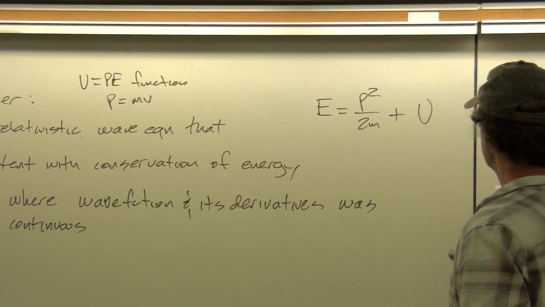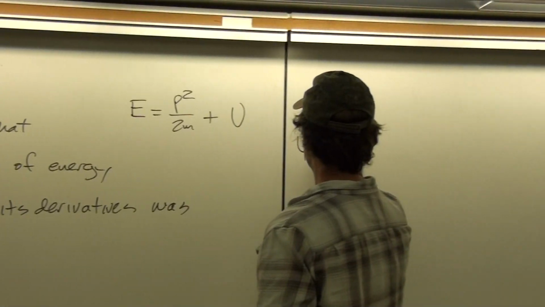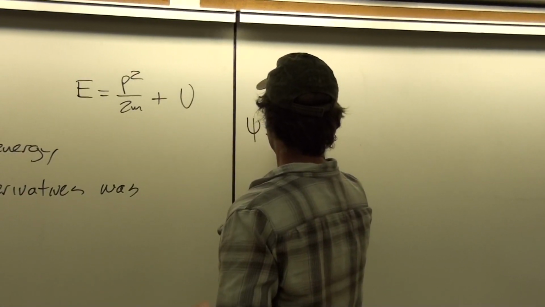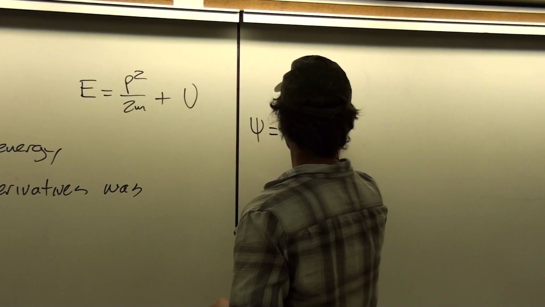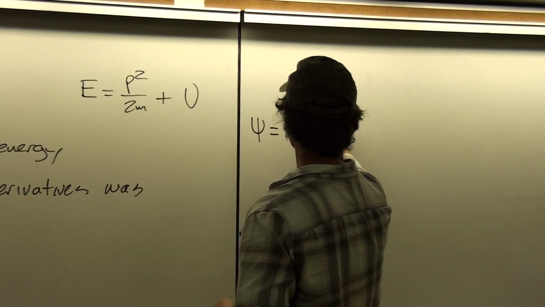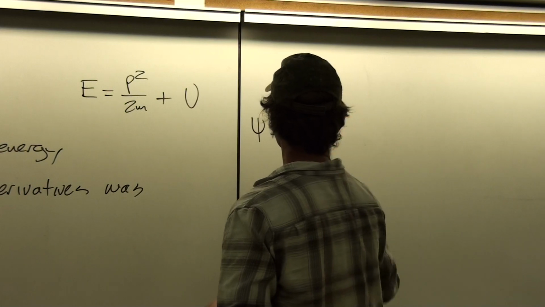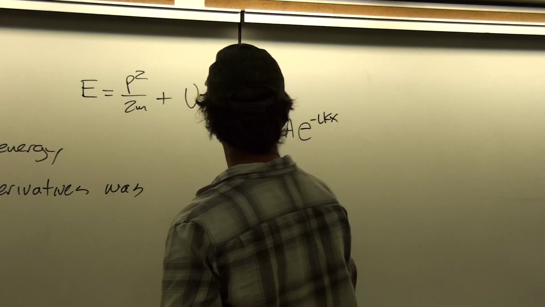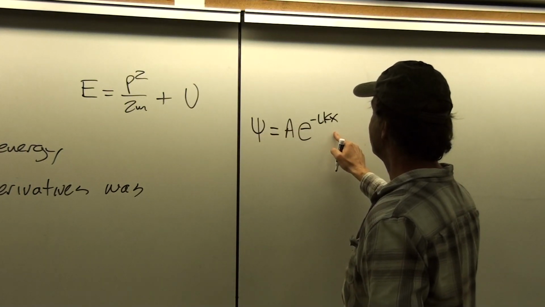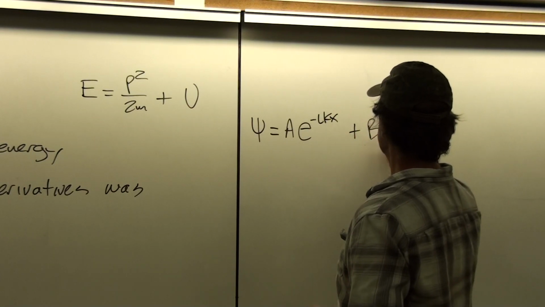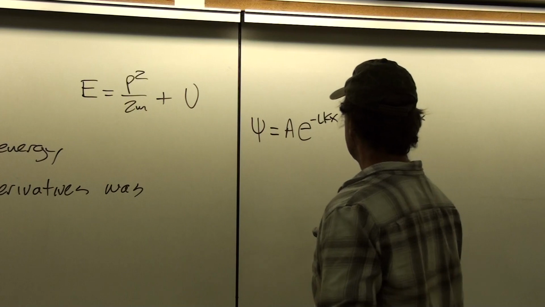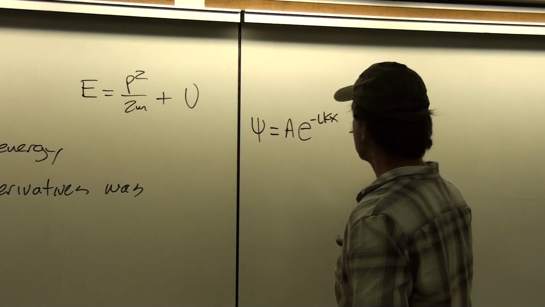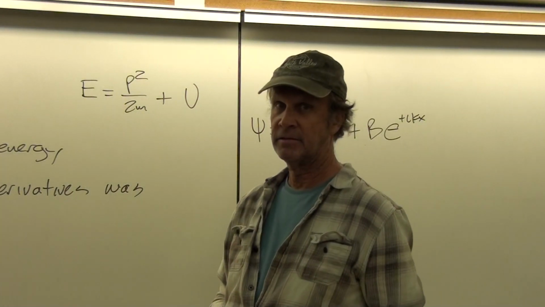So you imagine then, well, let's say that we've got a psi wave function that looks like A e to the plus i kx plus B e to the plus i kx. You might wonder, well, why would we want to go with something like that? And the answer is, this is really just a sum of sine and cosine functions.